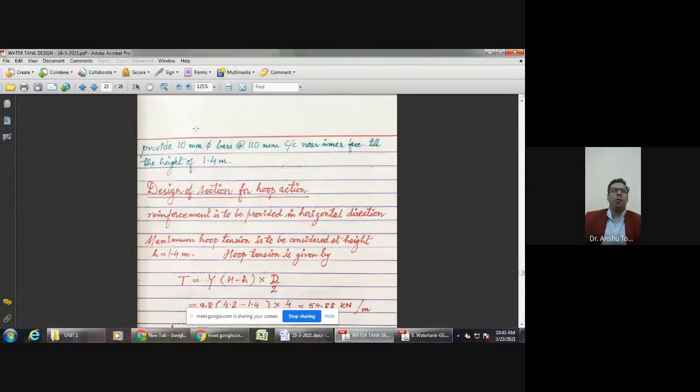So that is why provide 10 mm dia bars at the spacing of 110 mm center to center near inner face till the height of 1.4 meter.